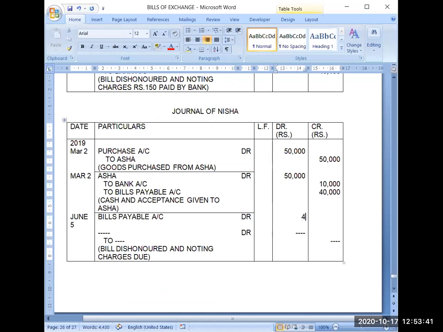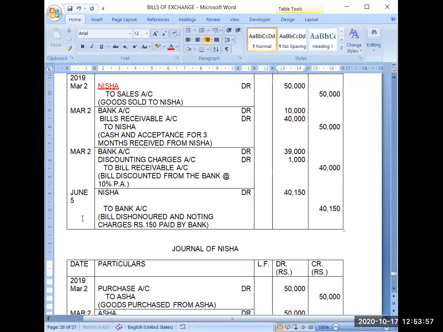Bills amount is 40,000, so it will not change. But she has been informed about the expense, so she will book the expense noting charges account debit 150. You can see that this 150 has been informed here.